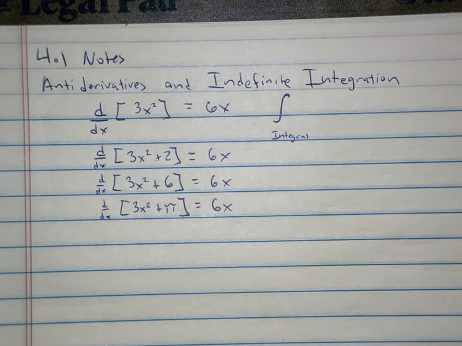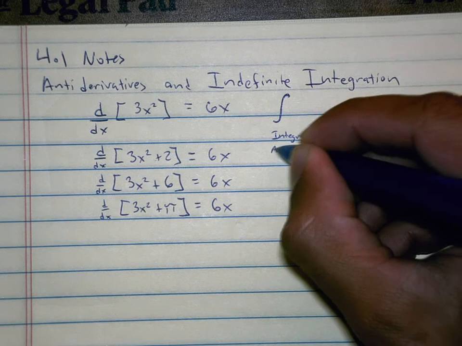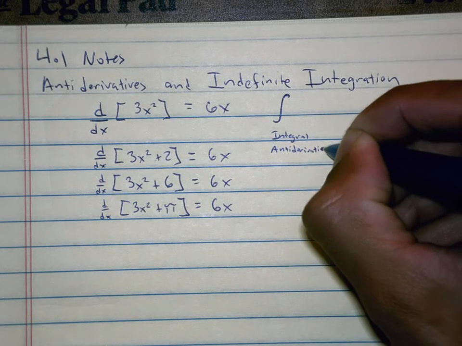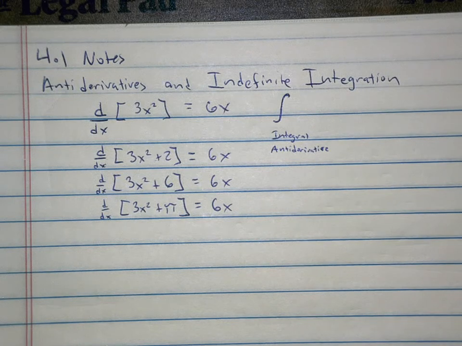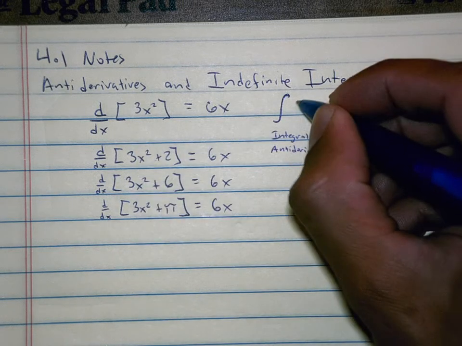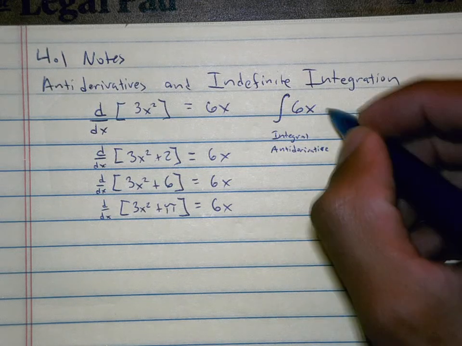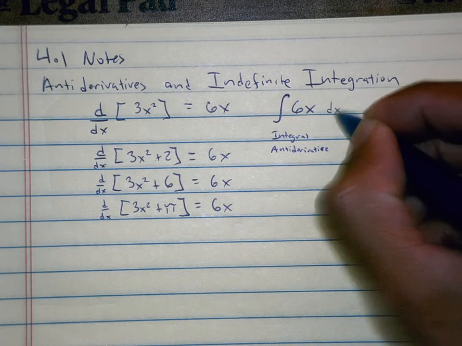Integral is synonymous, meaning it has the same meaning, as an antiderivative. When I first read the word antiderivative, it made me think, man, I'm anti-derivative. You know what I mean? It made me think that people were against derivatives, but it actually means the opposite of a derivative. If I were to ask you what the antiderivative of 6x is, we would write 6x with respect to x.